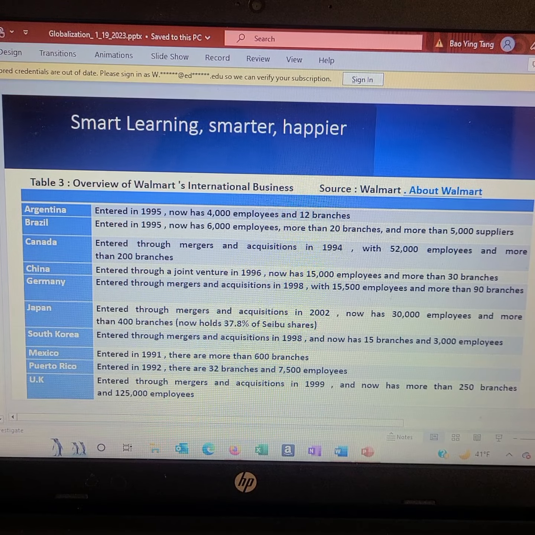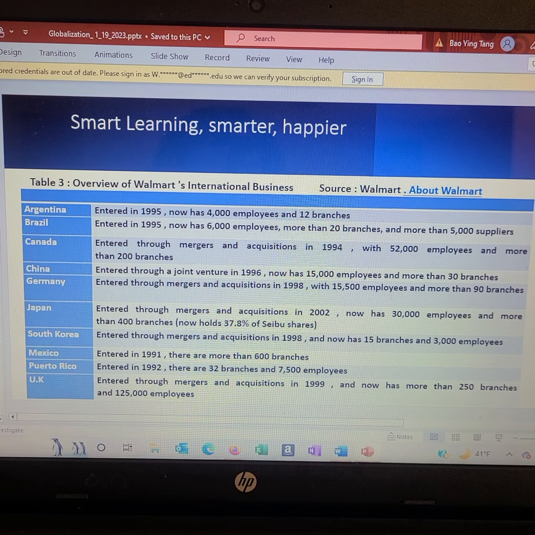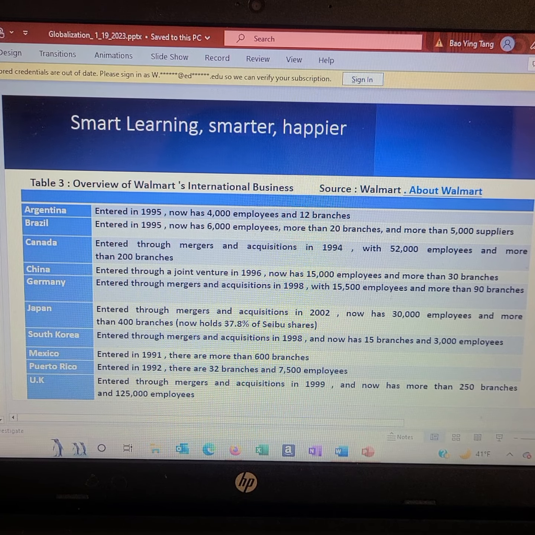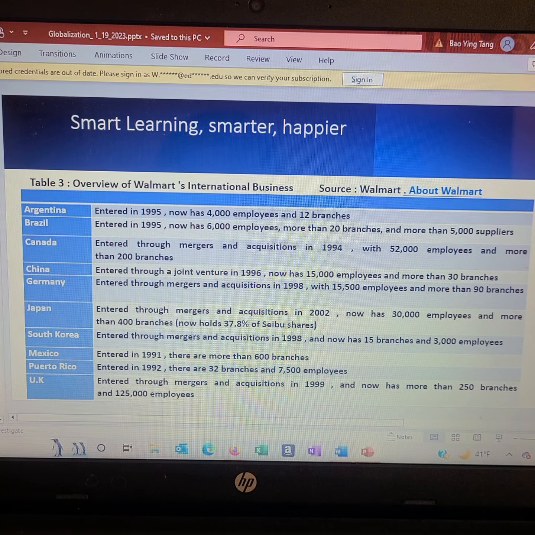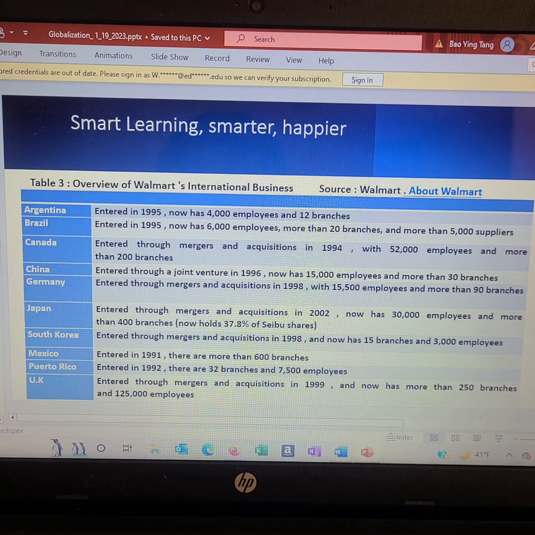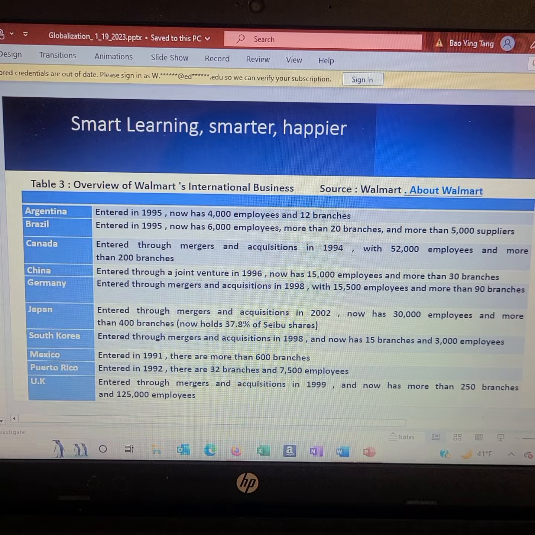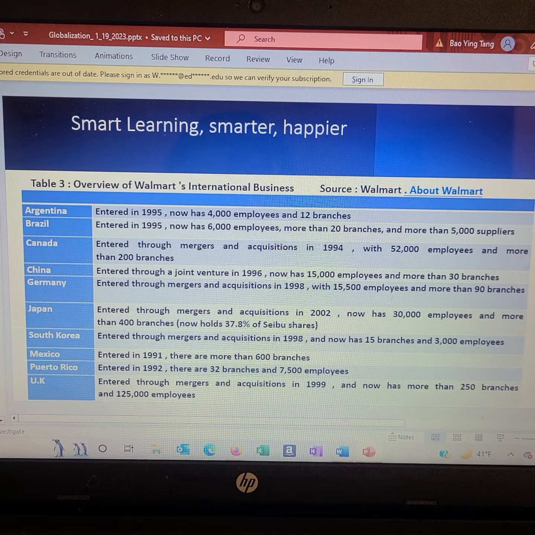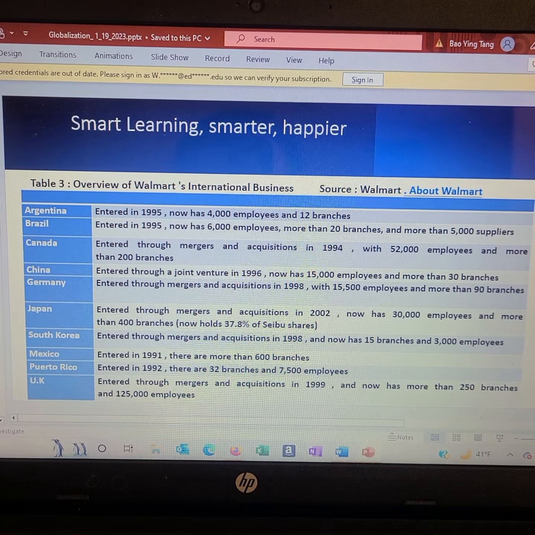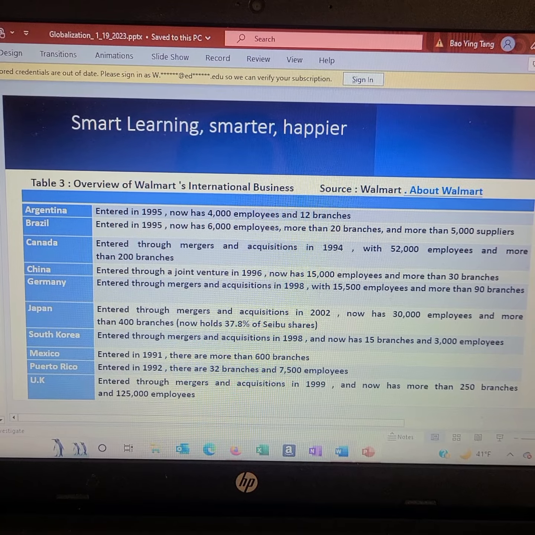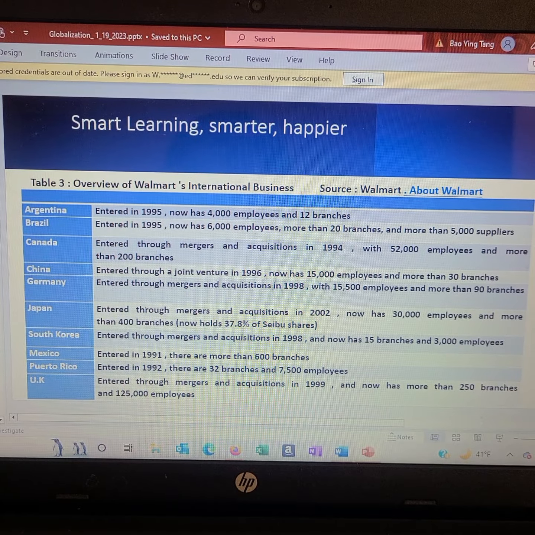It now holds 37.8% of Cebu shares. In 1998, it entered the South Korean market through mergers and acquisitions. It now has 15 branches and 3,000 employees.